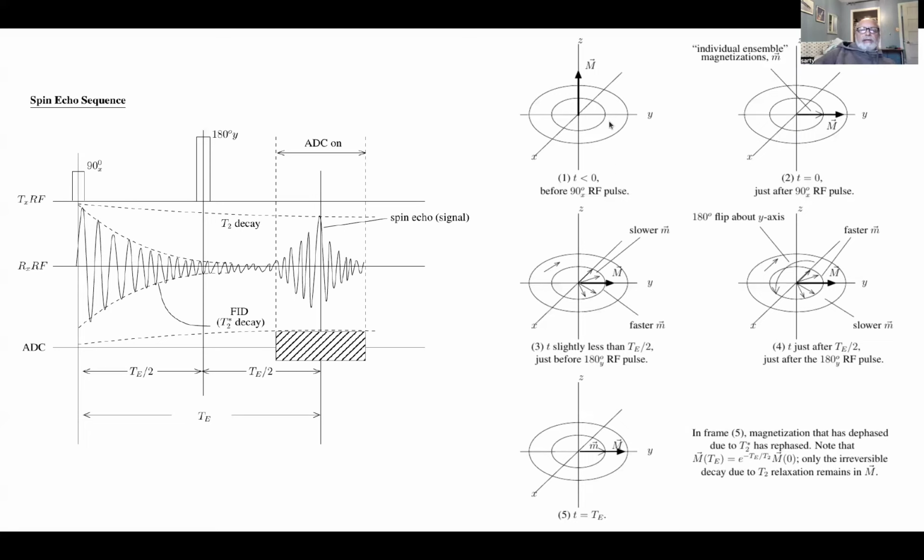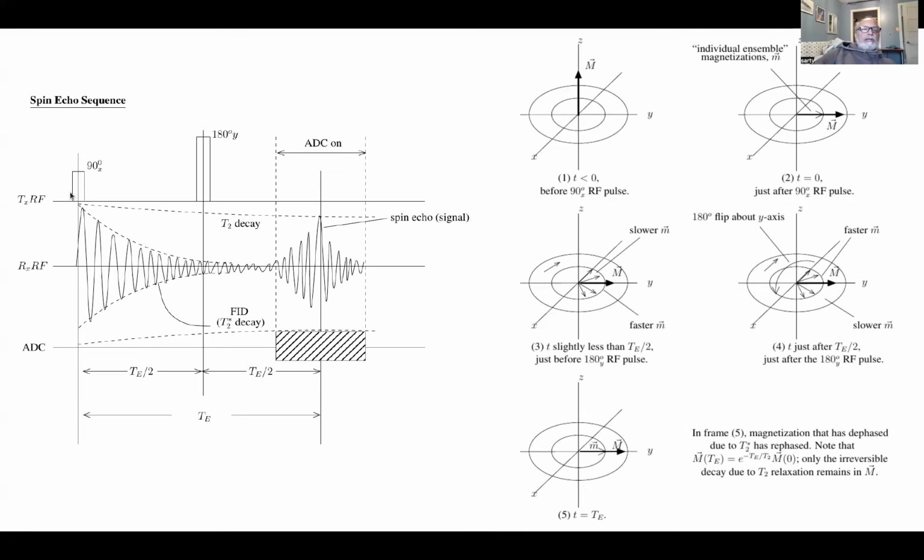So the rotating frame is basically a coordinate system. It's a non-inertial coordinate system that rotates at the resonant frequency. So the frequency of the spins in the rotating frame when they're matched with B0 is 0. And so we could just follow what happens to those spins as we tip them with various RF pulses.